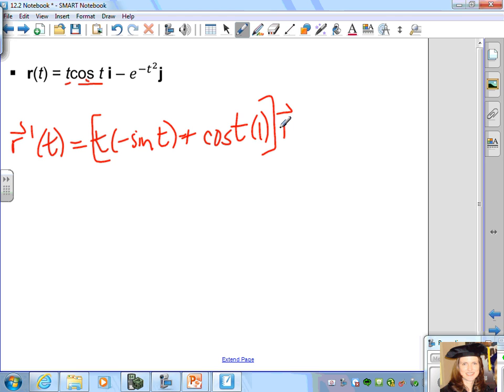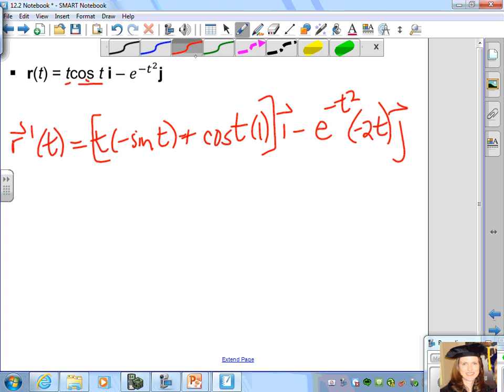And then minus the derivative of e to the negative t squared. The derivative of e to the u is e to the u times the derivative of u. So it's going to be minus e to the negative t squared times the derivative of negative t squared, which is negative 2t. And that's your j component.